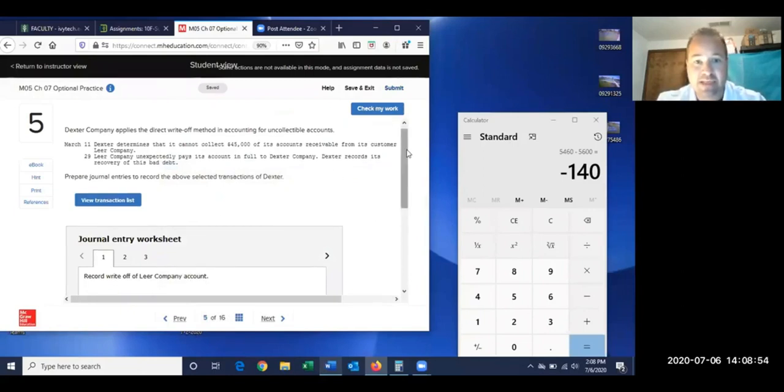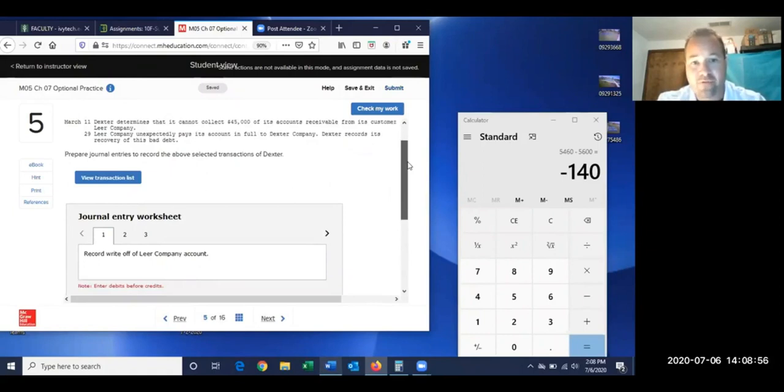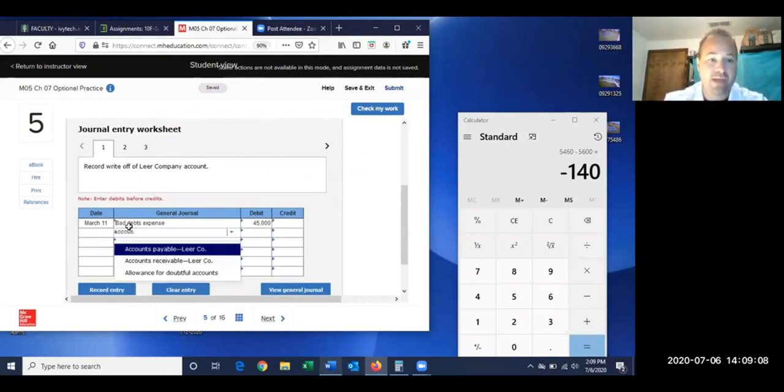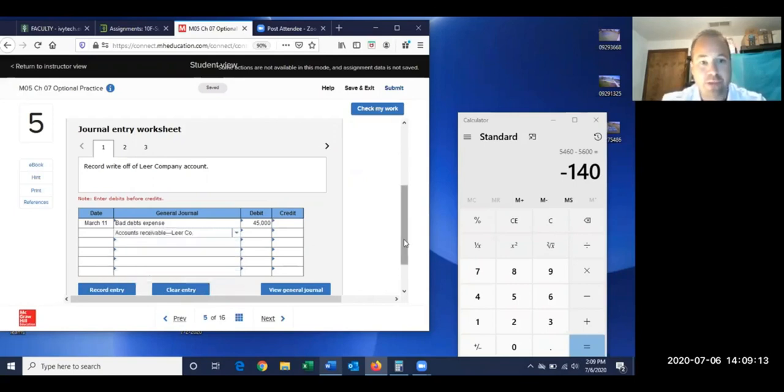Dexter determines that it will not collect $45,000 from its customer. Okay, so when we write off the account, we just simply go down to bad debt expense for 45 grand and take it right off the account receivable for the Lear company for 45 grand.